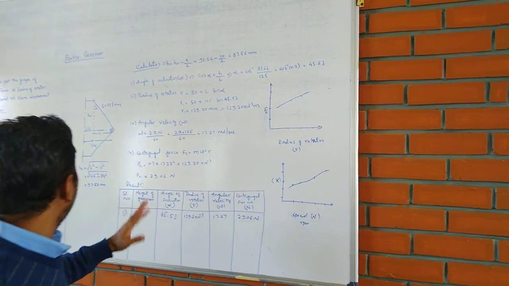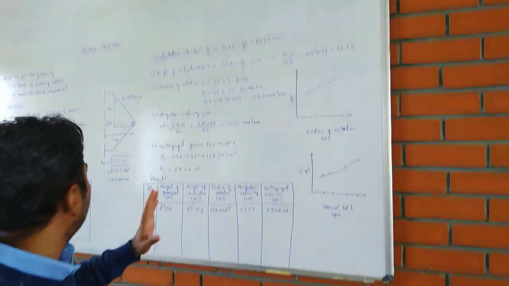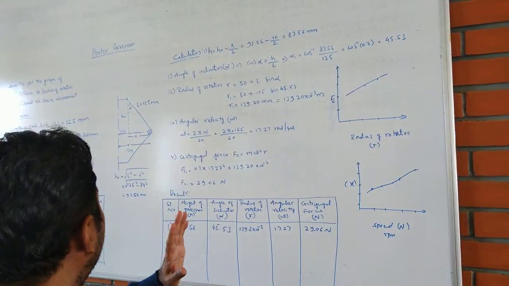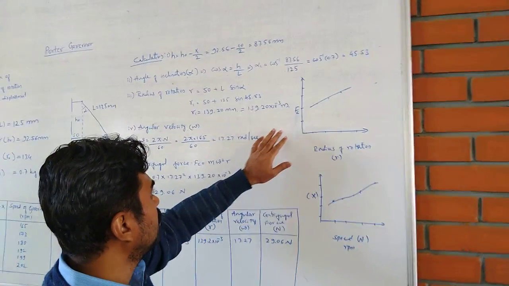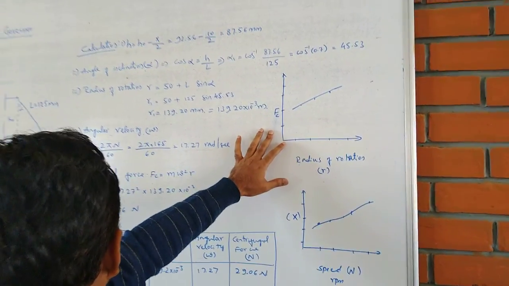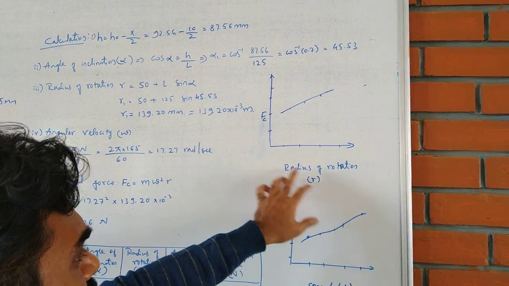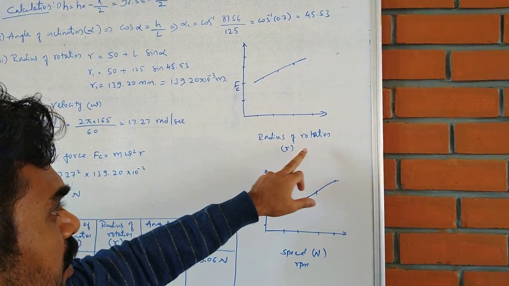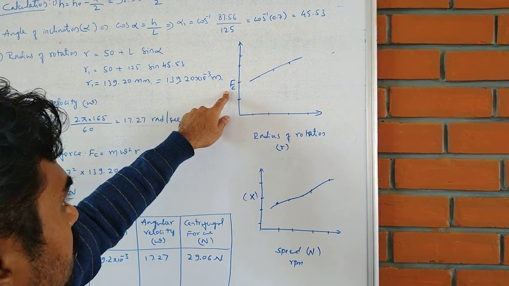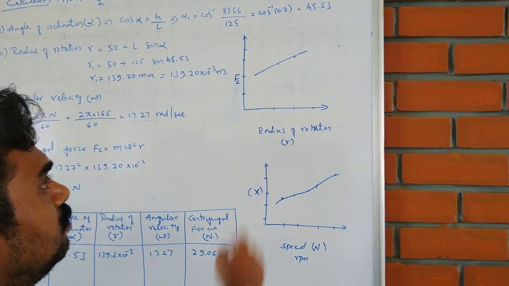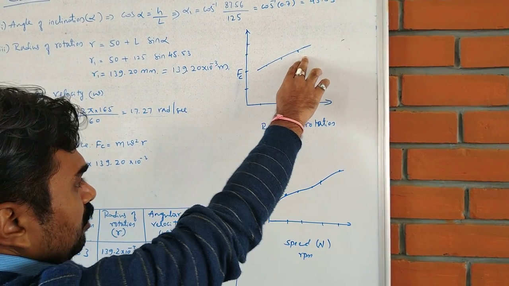After calculation we need to plot the graph for force versus radius of rotation and speed versus sleeve displacement. Here we have centrifugal force versus radius of rotation. On the x-axis you plot the radius of rotation, and on the y-axis the centrifugal force. This will be the nature of the graph.